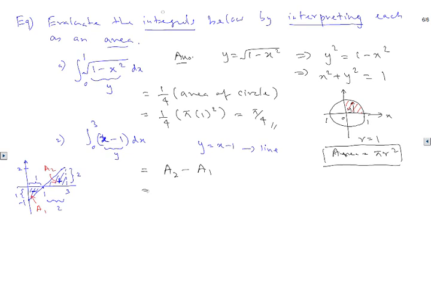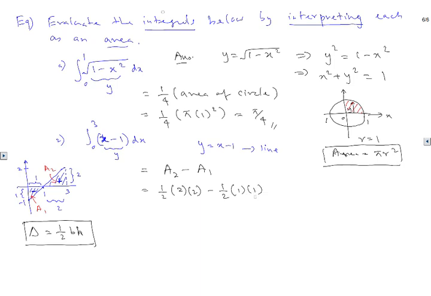Okay, so let's do that. In this case, what are you going to get? What's the positive area? It's a triangle. The area of a triangle is half base times height. So half, base is 2, the height is 2, minus half, base is 1, height is 1.